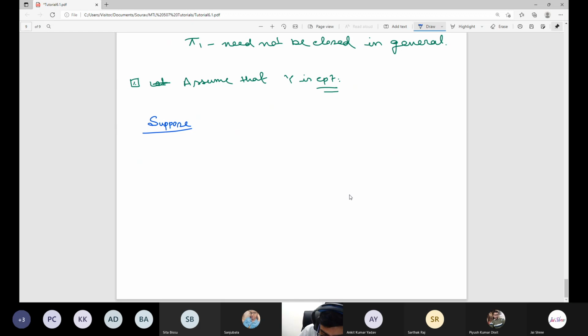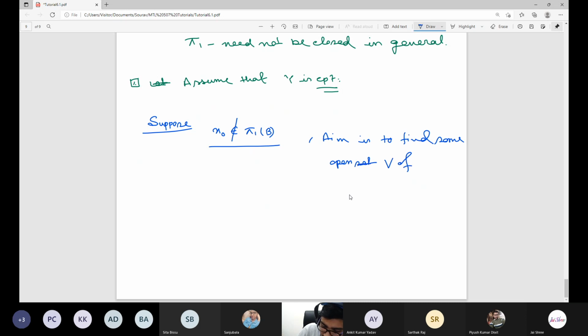So suppose a point x0 does not belong to pi1 of B. Our aim is to find some open neighborhood V of x0 such that V intersection pi1 of B is empty, and this will lead to x0 not being a closure point.